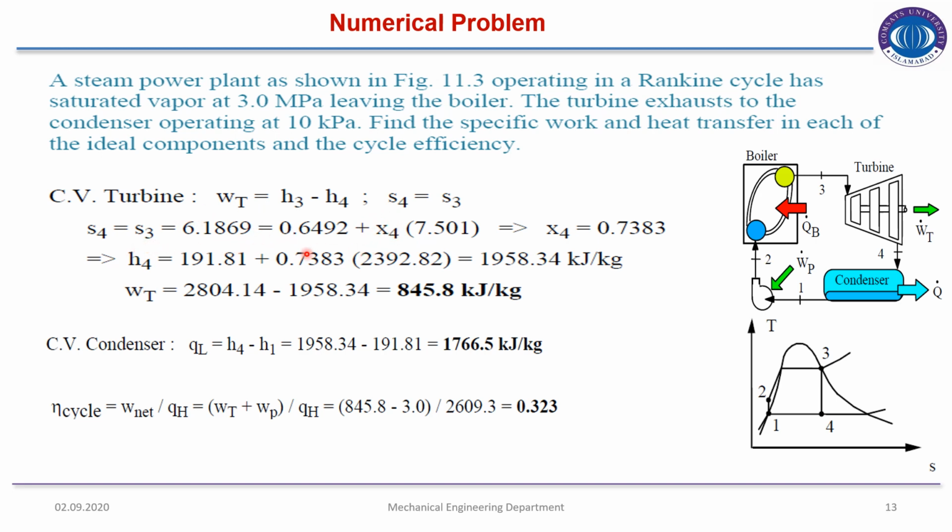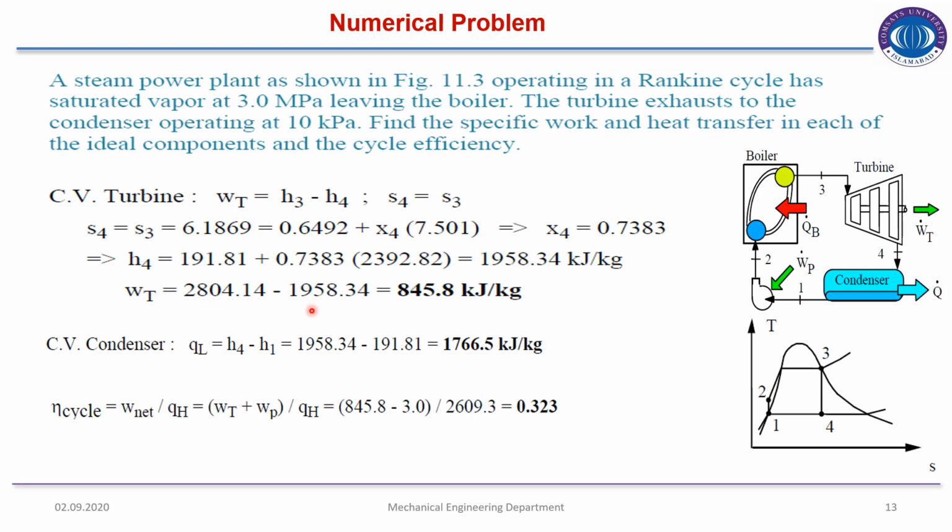Here we will use the relation S equals SF plus X into SFG. This relation we have already discussed. This gives the dryness fraction or quality. Introducing the quality calculated in the previous step to calculate H4, H4 is 1958 kilojoule per kg.